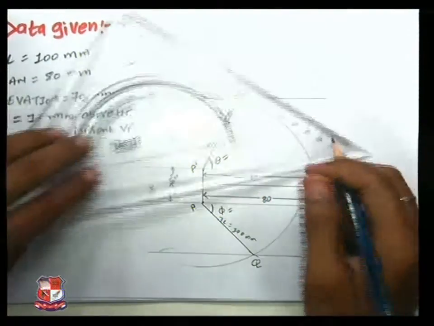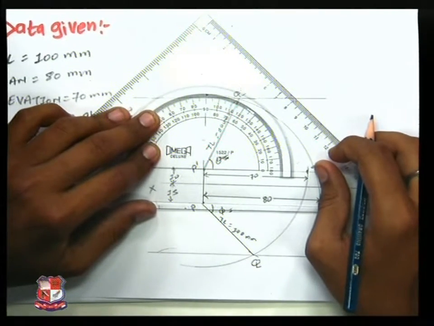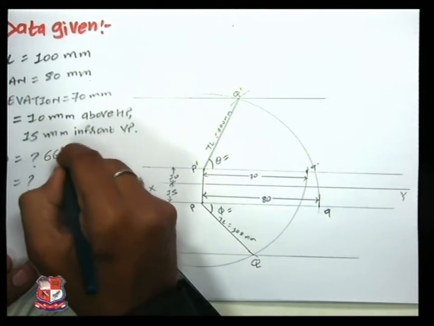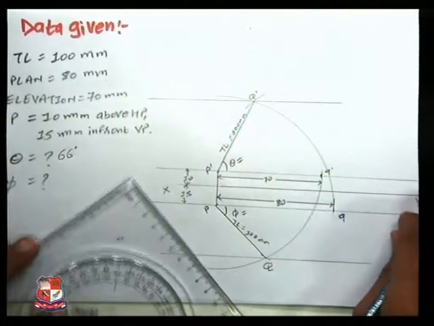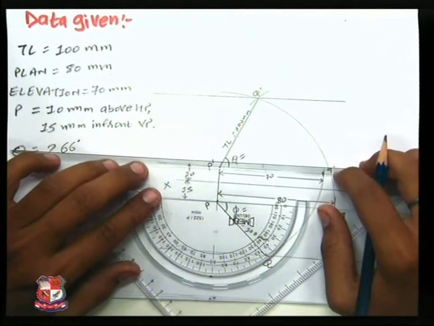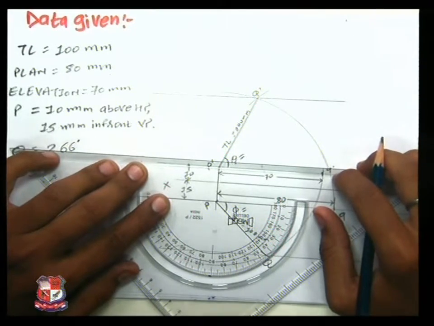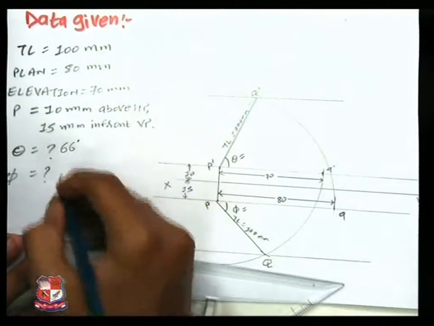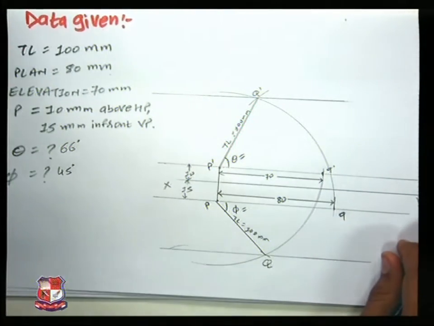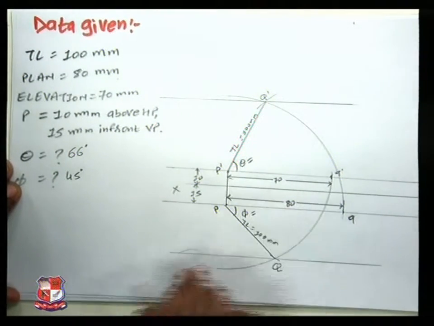We need to measure this theta and phi. Theta comes around 66 degrees. We write in the designated place theta is equal to 66 degrees, and this phi angle with VP is 45 degrees. So this is how the projections of a line can be traced if elevation and plan have been given.